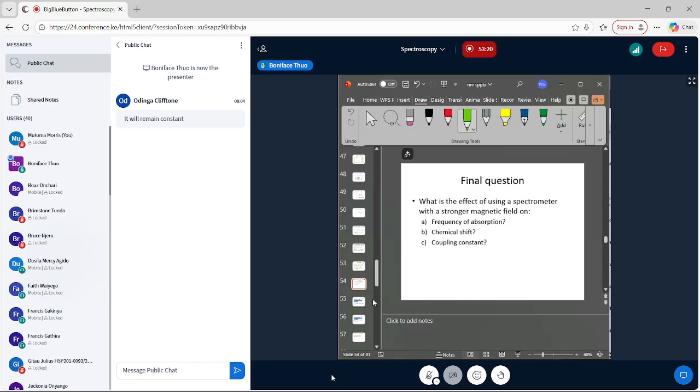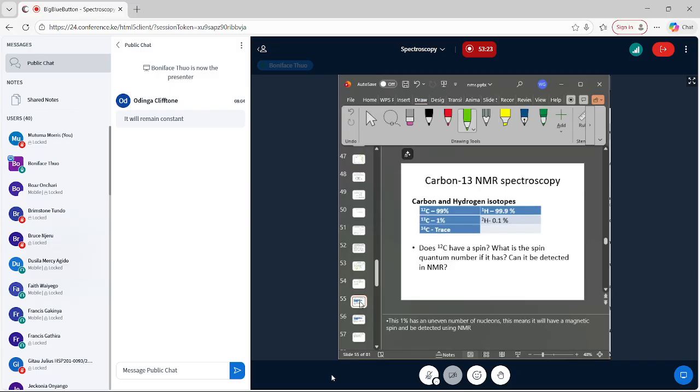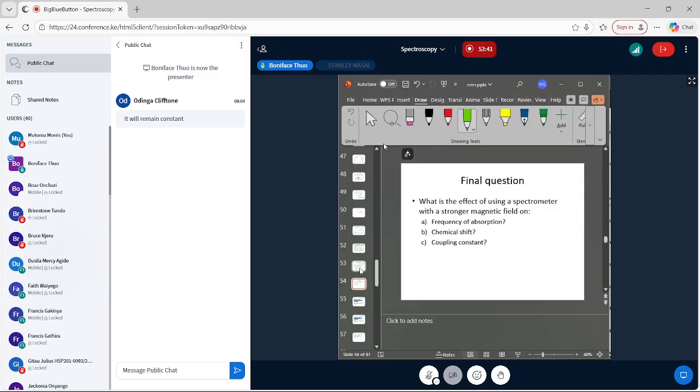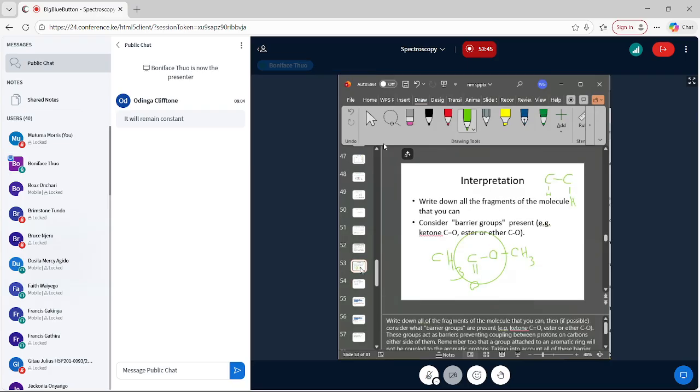So good. Those are just a few examples. Regarding the barrier groups, they are not just restricted to the ones I mentioned, the ketones, the ester, and the ether. It's basically any group that does not have a hydrogen attached to it.